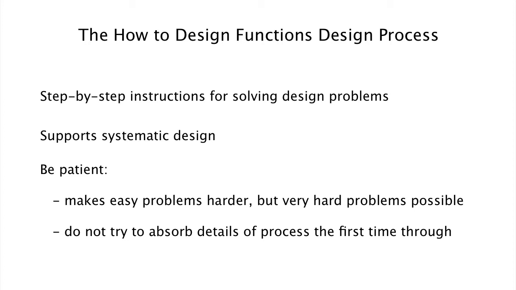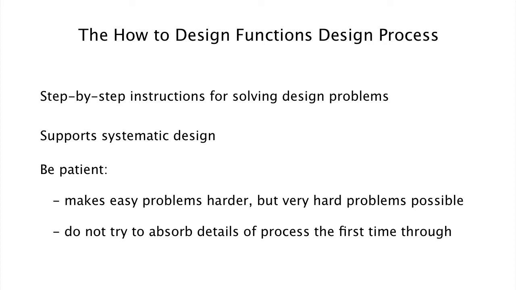A second point of introduction is that we're going to start by just going through an example of using the recipe fairly quickly to give you an overview of the whole process. The first time we go through it, try to just sit back and observe the overall structure of how we proceed. Don't try to absorb all the details of what is happening, and don't worry about being able to reproduce the recipe yourself after just watching this first time through.